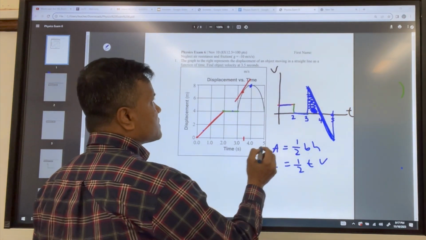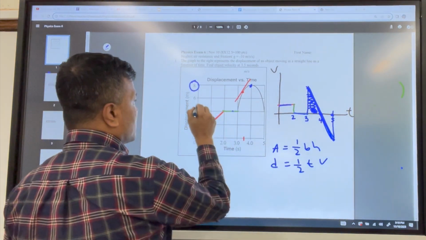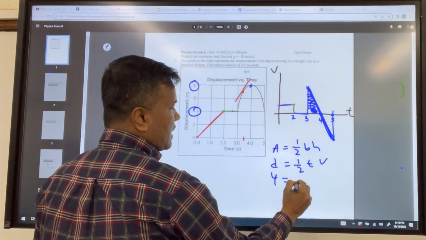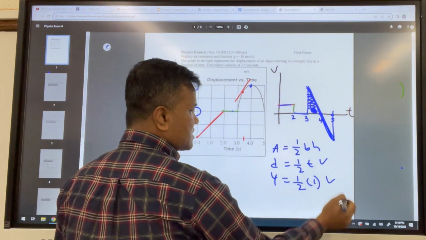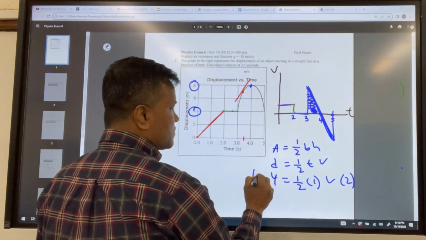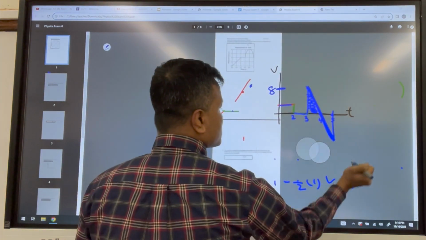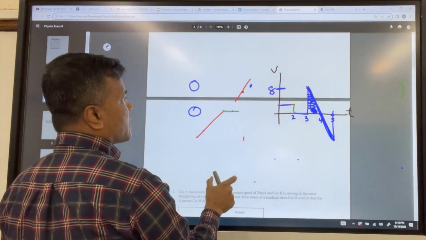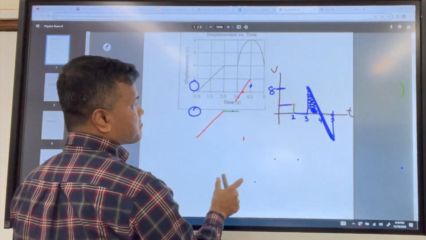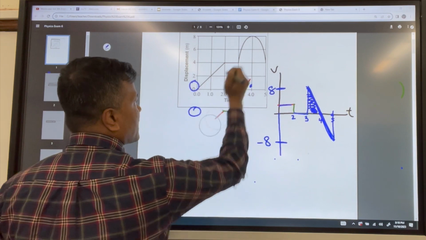So d is 8 minus 4, which is 4, equals half. t is 4 minus 3, which is 1. Multiply both sides by 2, so the velocity is 8, right? If this velocity is 8, the final velocity also has to be negative 8.